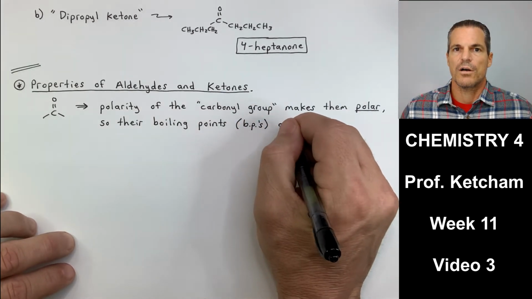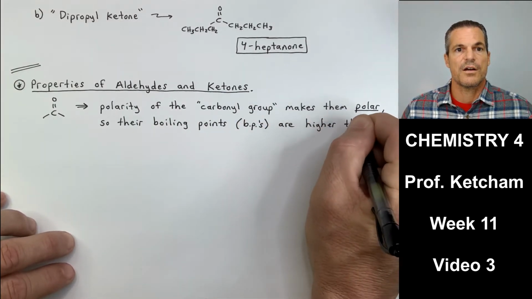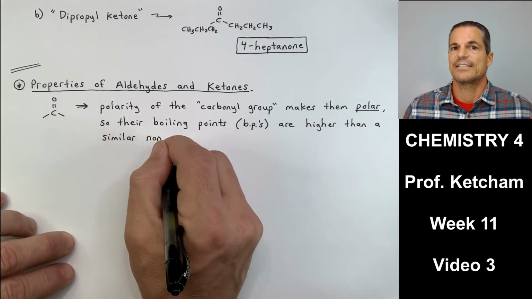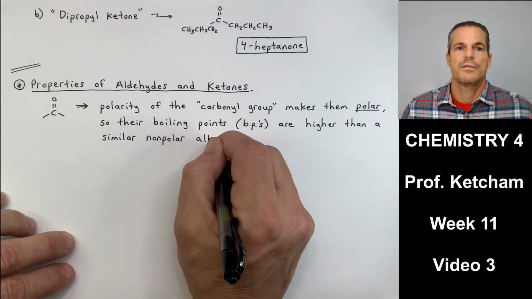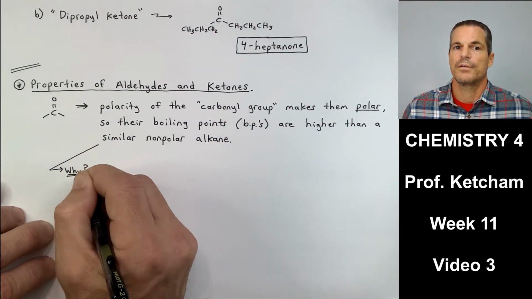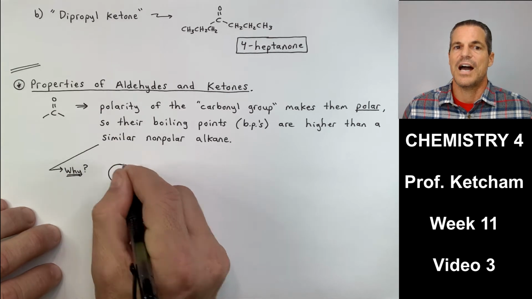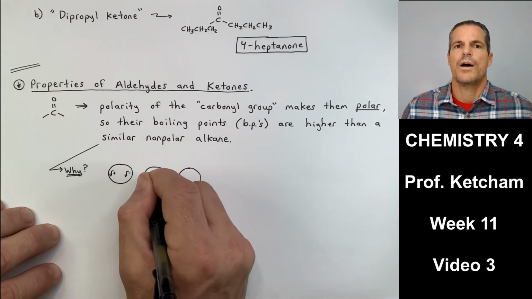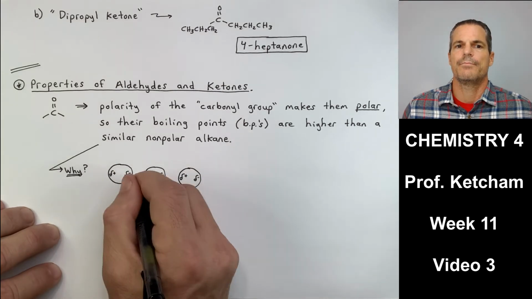A lot like alcohols, though. The longer the carbon-carbon chain, the less soluble it is in water. So let's reread this. Polarity of the carbonyl group makes them polar, so their boiling points are higher than a similar nonpolar alkane. So why are the boiling points higher if I'm polar?